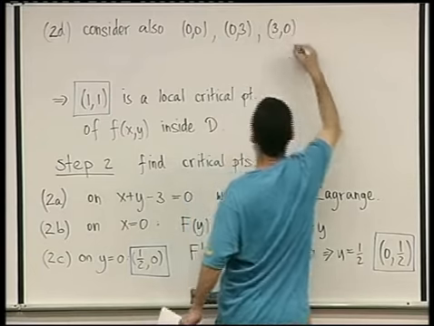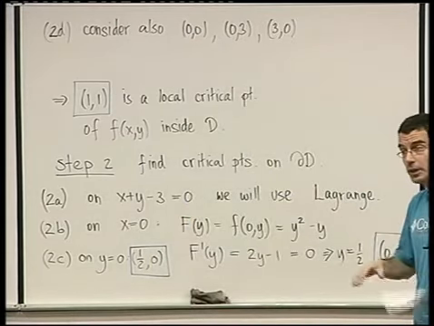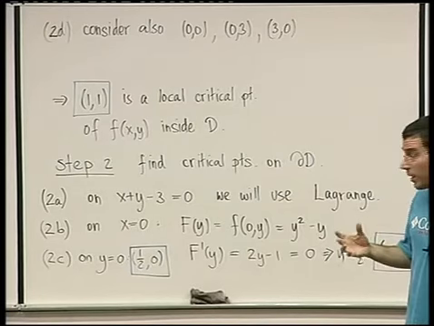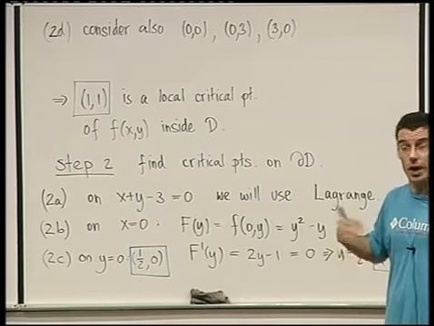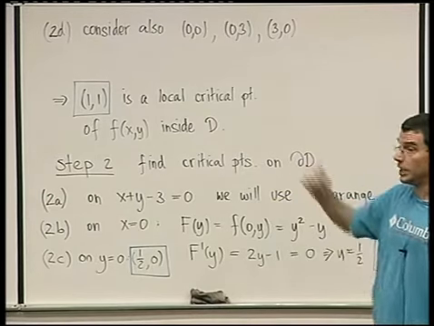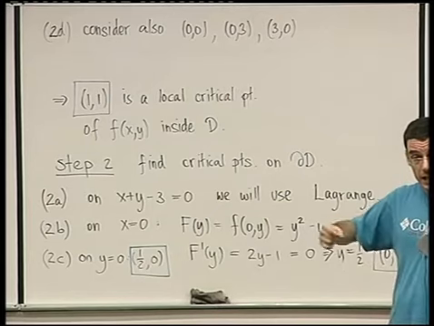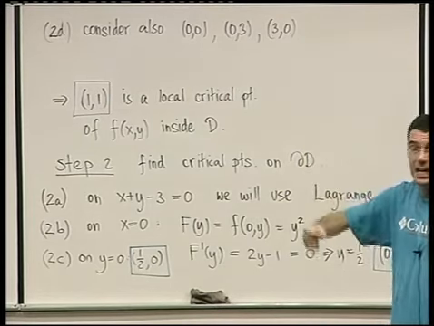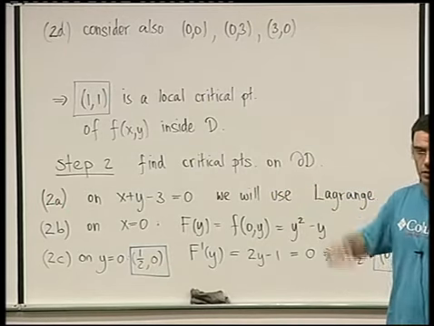In general, in this example, the points you're going to be considering are either points where the constraint for some reason is not a C1 function, and therefore you can't use Lagrange multipliers, or in cases where you're looking at some line or segment or curve, the endpoints of the curve.